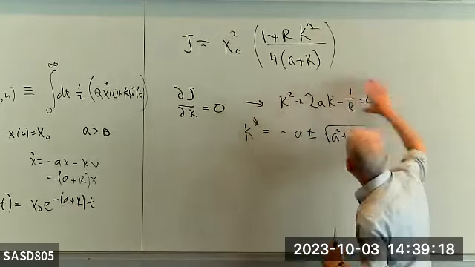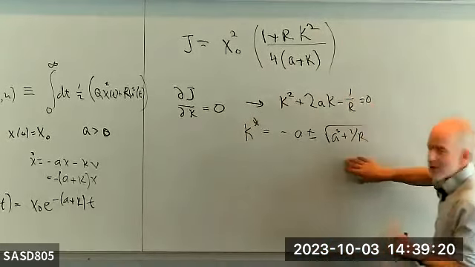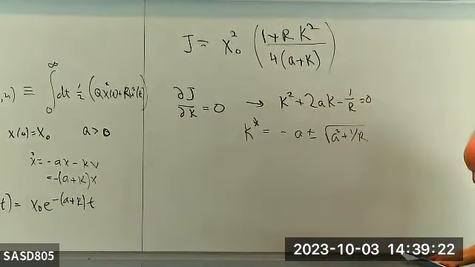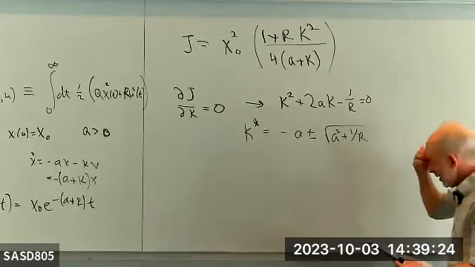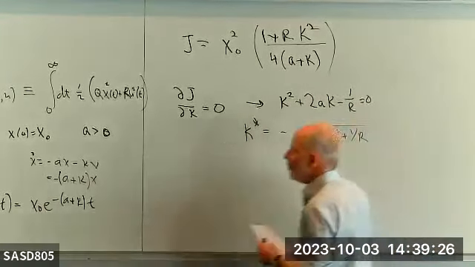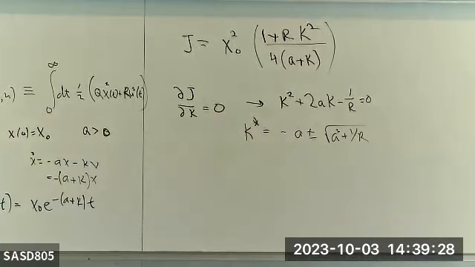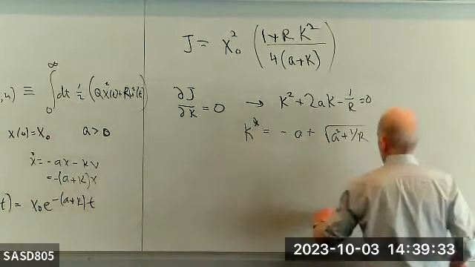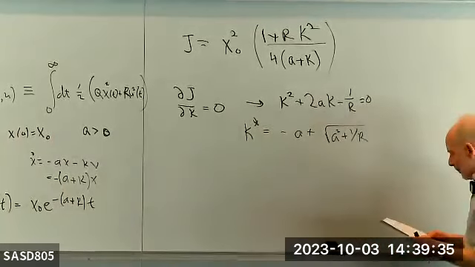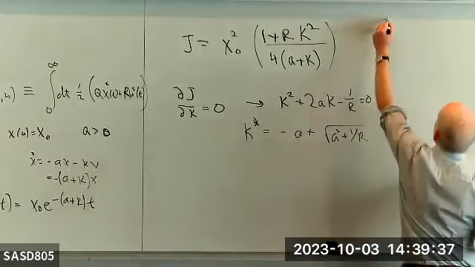That gives you an equation for k, and then you can actually solve this equation explicitly. If we want to keep k positive, we would take just the positive root of the quadratic.